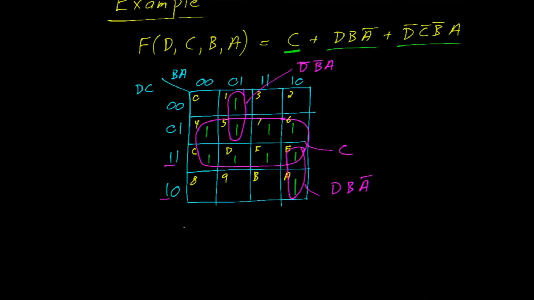So our optimized expression is C plus D B A0 or D0 B0 A. It looks like this term was simplified.